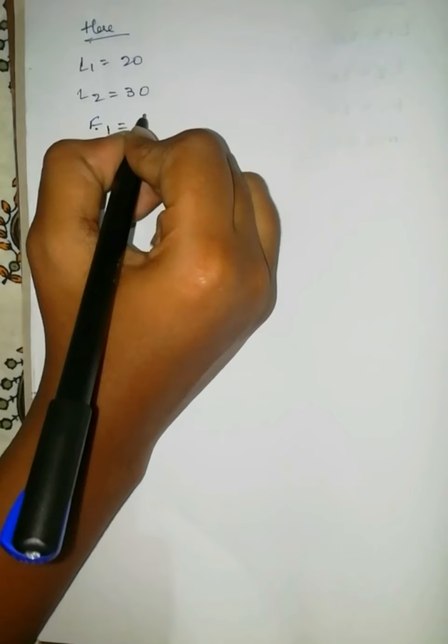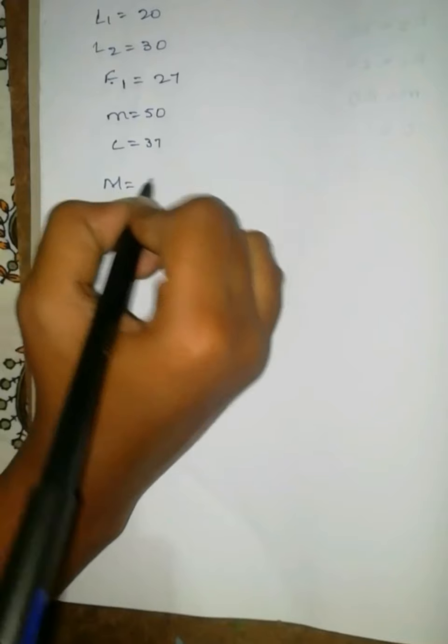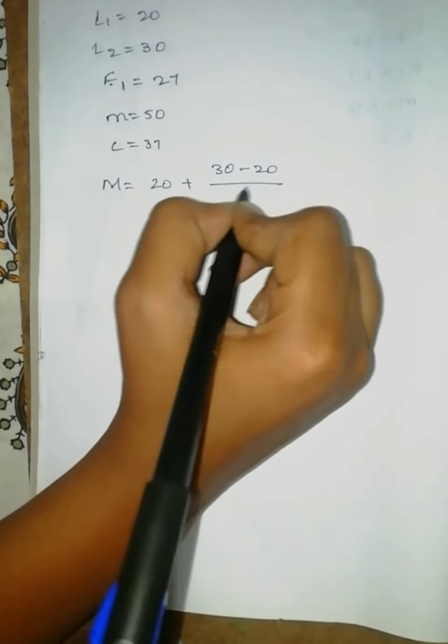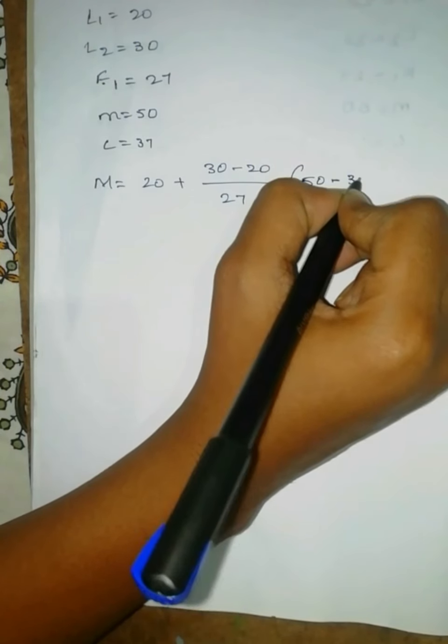Here L1 is equal to 20, L2 is equal to 30, F1 is equal to 27, M is equal to 50 and C is equal to 37. Now let's apply the formula. Median is equal to L1 20 plus L2 minus L1 30 minus 20 by F1 27 into M 50 minus C 37.